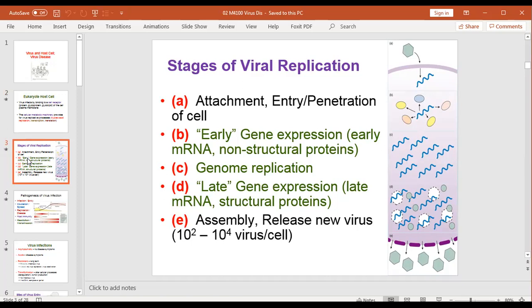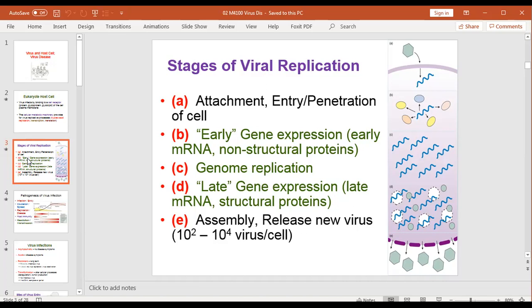After successful attachment, virus gains entry or penetrates into the host cell. Once it penetrates, it will go through the second phase, which is early gene expression. Early gene expression is usually done by early messenger RNAs, and they will usually code for non-structural proteins.